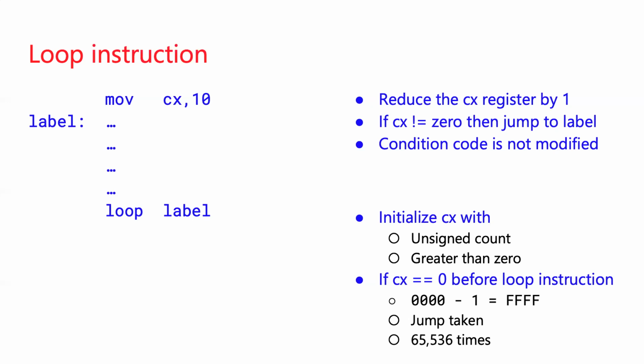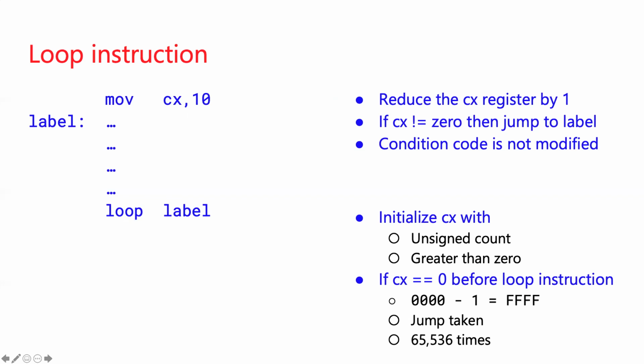And then at the bottom of the loop, the loop instruction is made for writing loops that count down to 0. It's made to write a loop that takes at least one iteration. You can use it other ways, but the natural way is what I'm showing here. You can start out CX with your loop counter.